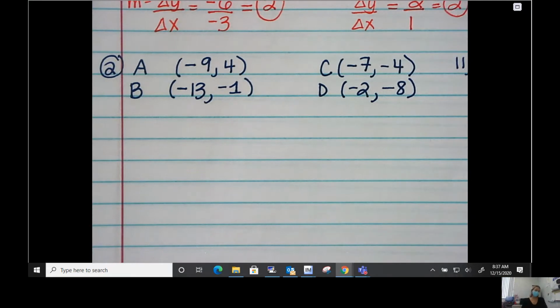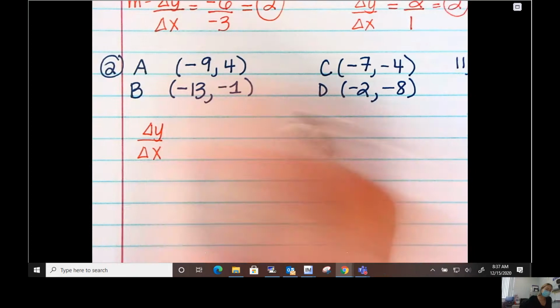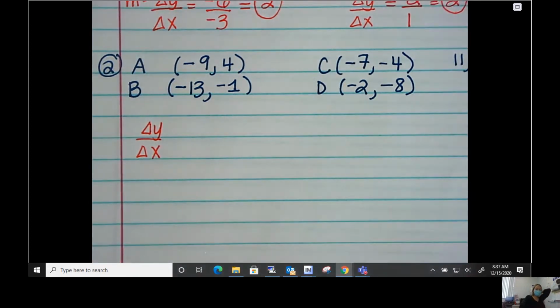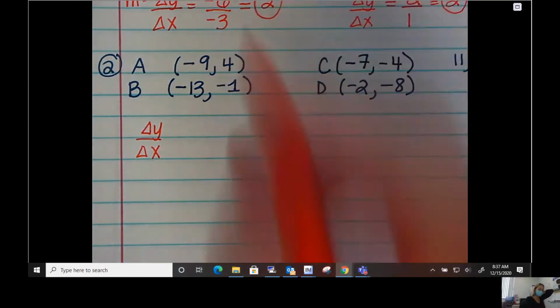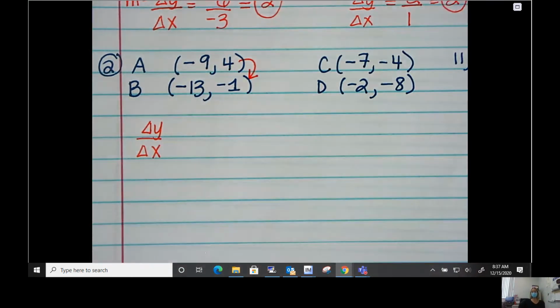Okay. Change of y over change of x. For the first one, A to B, what did you get for your change of y? Are you adding or subtracting to get from 4 to -1? You're definitely subtracting.